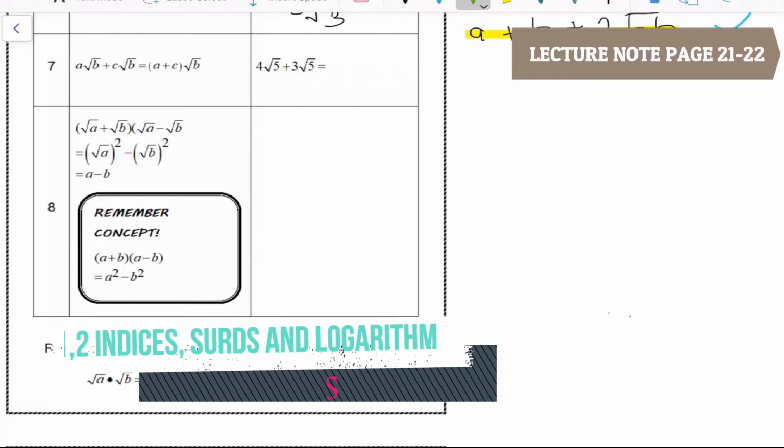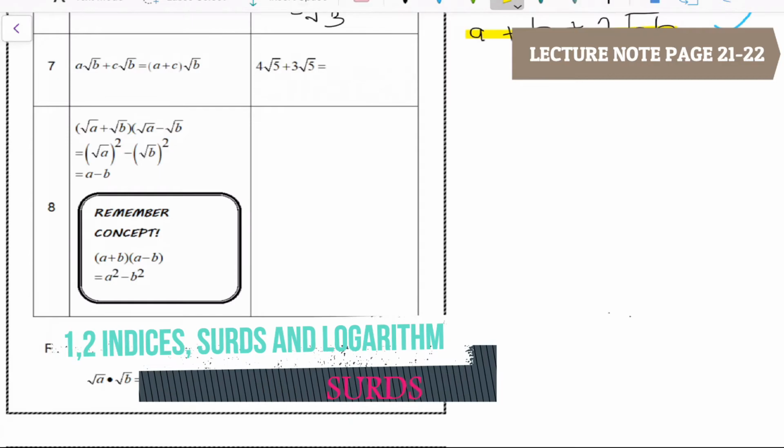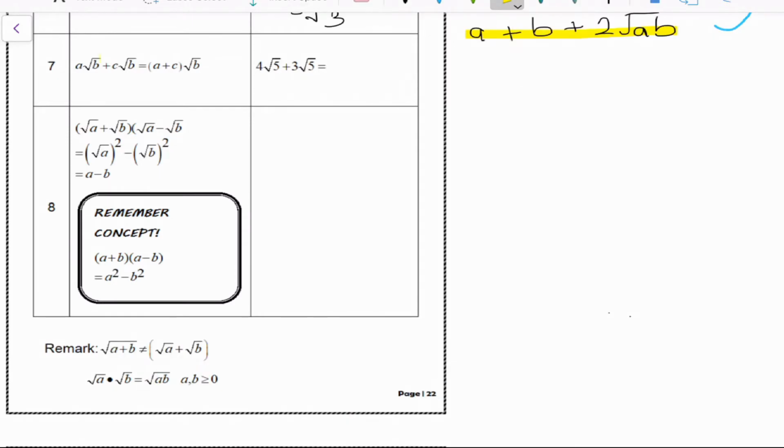The next rule of surd that we have here, if you notice, we have the same term, that is surd B and surd B. So the easiest way to solve this, you can simply factorize surd B outside. So let's go straight to the example. You have 4 surd 5 plus 3 surd 5. So the same term here is surd 5 and surd 5.